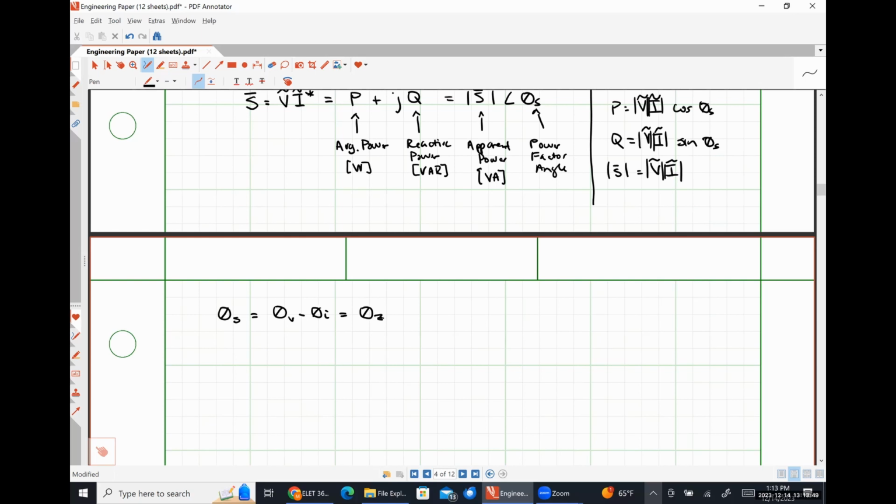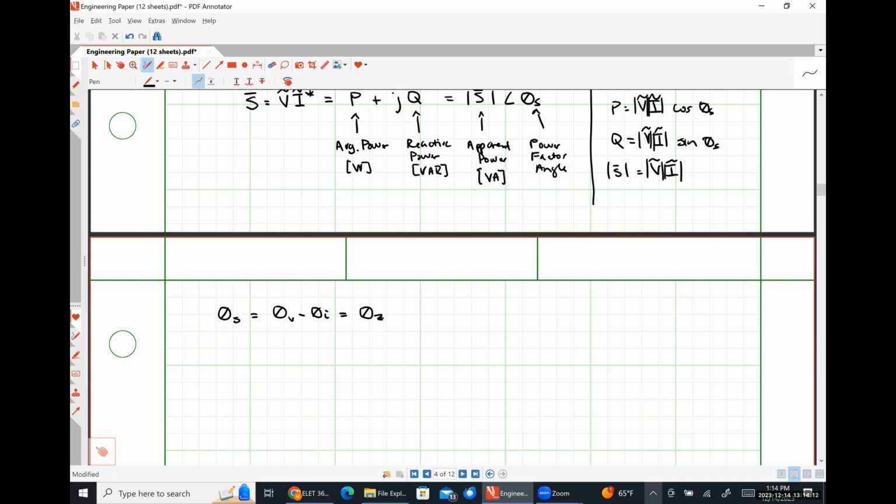So if we can figure out what theta S is, we will know what the phase angle of our impedance is. We already know what the voltage drop across our impedance is, magnitude. We know what the current flowing through our impedance is, magnitude. So we should have the magnitude of our impedance from those two quantities and the phase angle of our impedance from this quantity. And that lets us know what our impedance is.